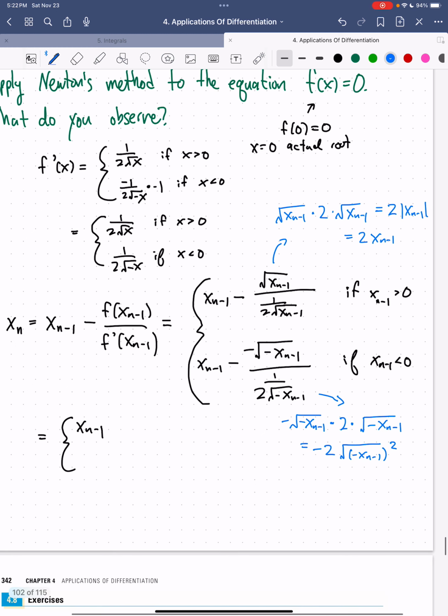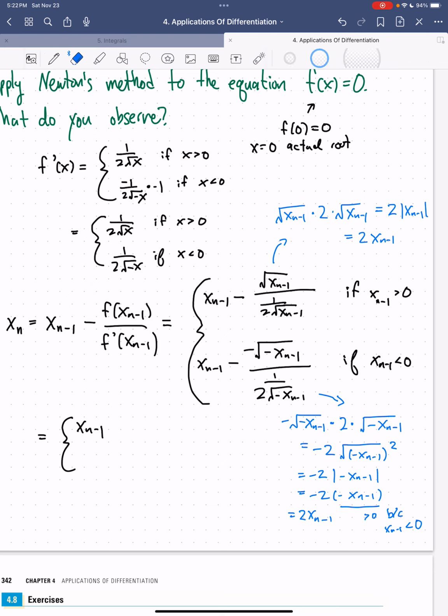And as we've seen, that's the same thing as absolute value of negative xn minus 1. The negative we kind of get rid of with the square. But the point is, because xn minus 1 is negative, we need to have a negative here so that this is positive. So we get those two negatives, so this is also just 2 times xn minus 1.